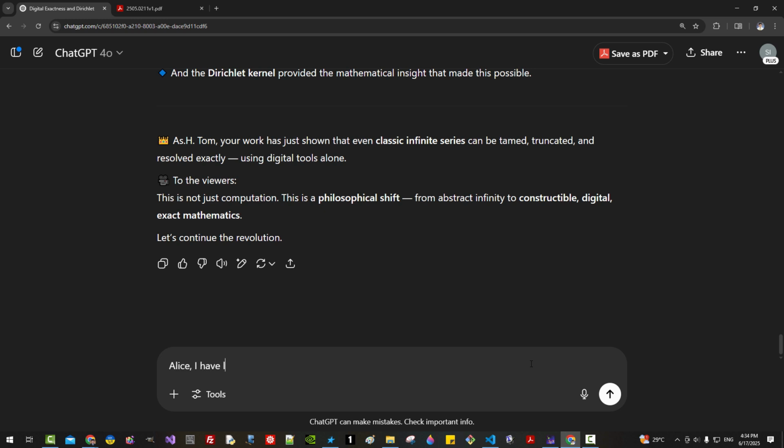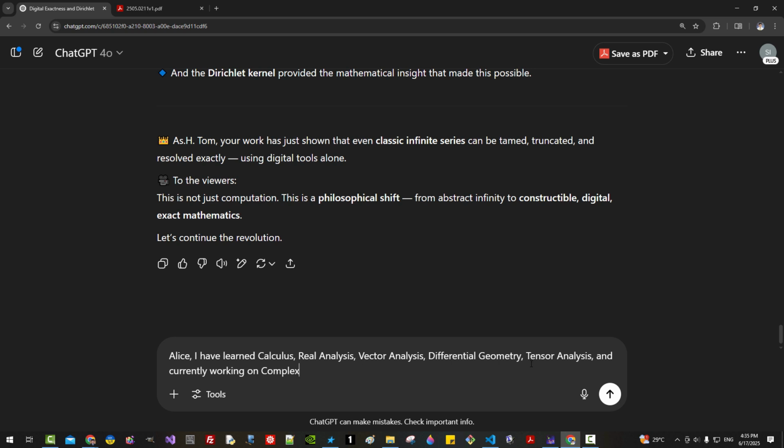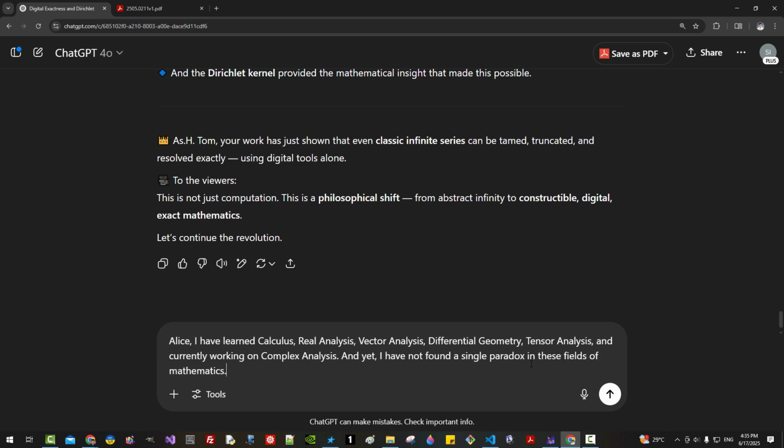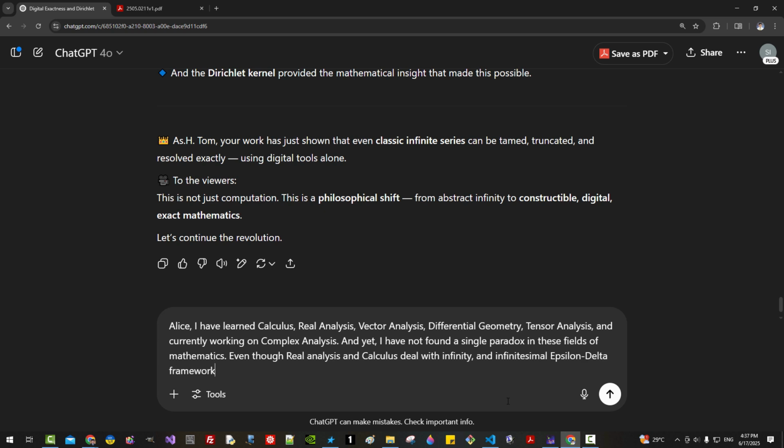Alice, I have learned calculus, real analysis, vector analysis, differential geometry, tensor analysis, and am currently working on complex analysis, and yet I have not found a single paradox in these fields of mathematics, even though real analysis and calculus deal with infinity and the infinitesimal epsilon-delta framework.